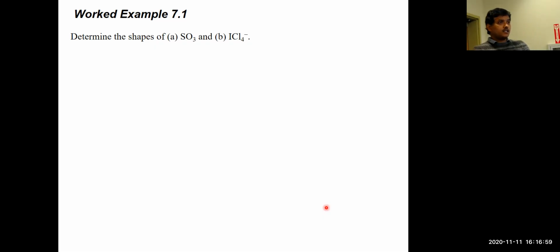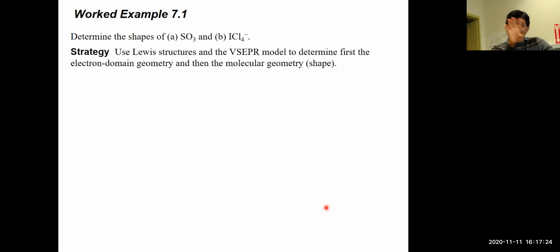All right, let's look at this example. This example is asking us to determine the shapes of SO3 and IClO4-. This is the shortest SOB type of problem that requires you to do lots of work, if you know what I mean by SOB. All right, let's do that. What is our strategy going to be? 4 steps that we discussed in the previous slide.